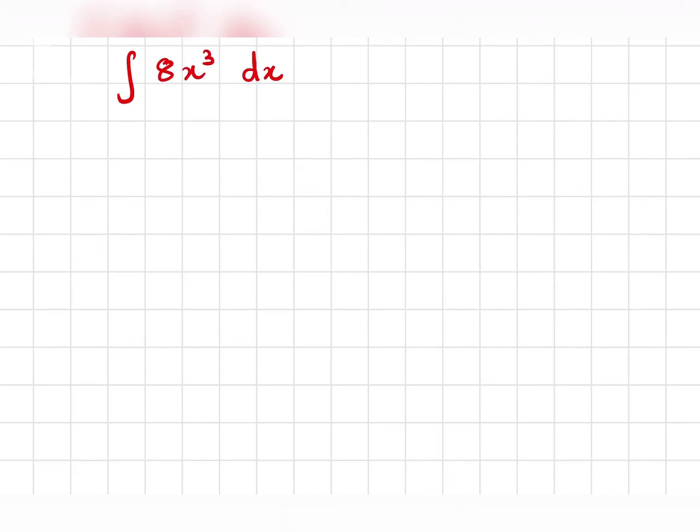So rather than subtracting, we will be adding 1. And rather than multiplying, we'll be dividing it. So here we go. This will be 8x to the power of 3 plus 1, divided by 3 plus 1. Okay, let's first find this, and then there's also a plus c with it.